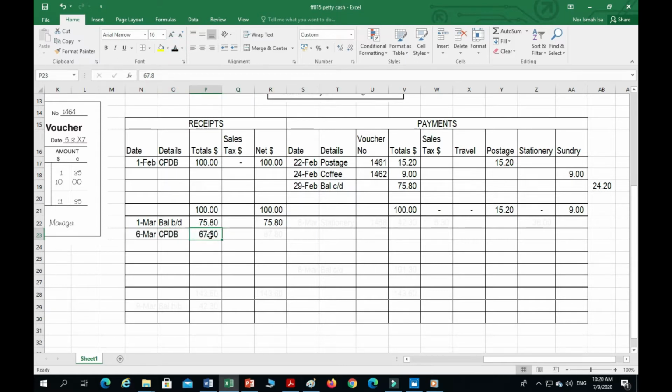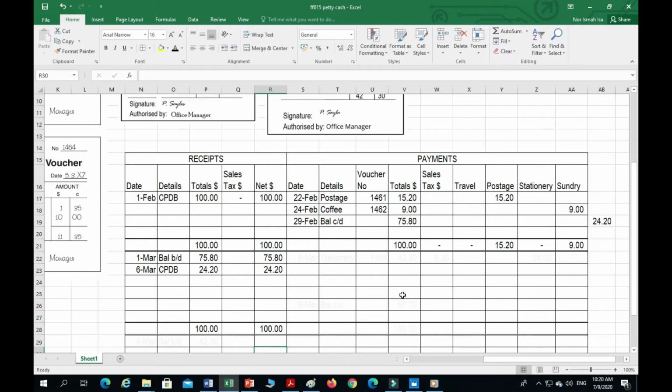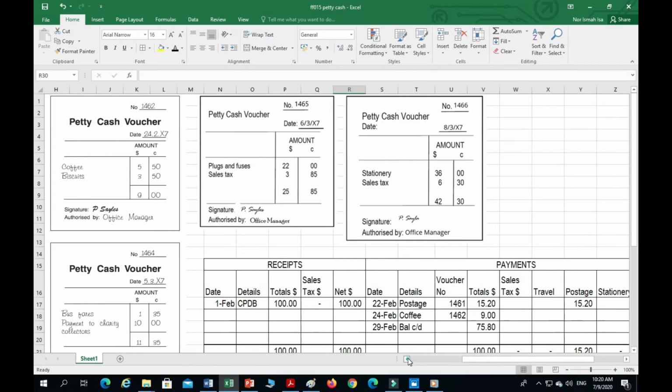So the imprest amount remains the same, which is 100. So this is the net amount, 100. Now we have another 4 vouchers here that need to be recorded.